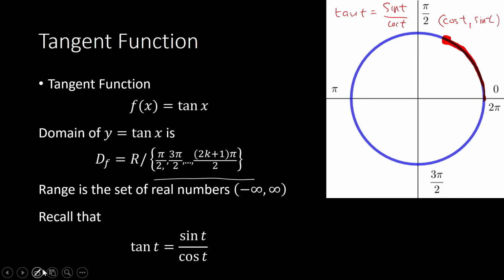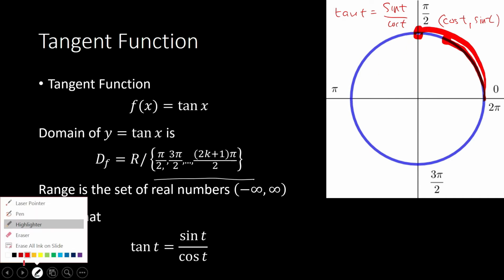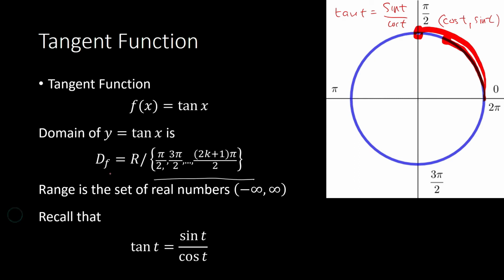Now what if our arc has a length of pi over 2? The terminal point of pi over 2 is going to be 0 and 1. Cosine of pi over 2 is 0.